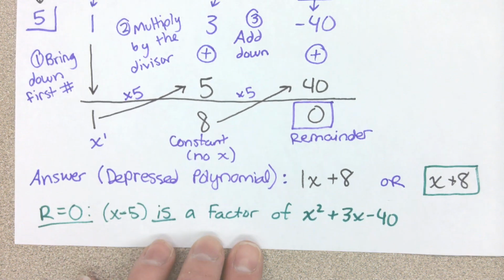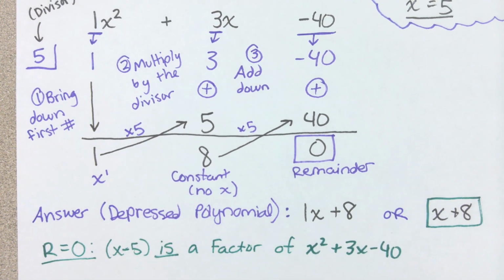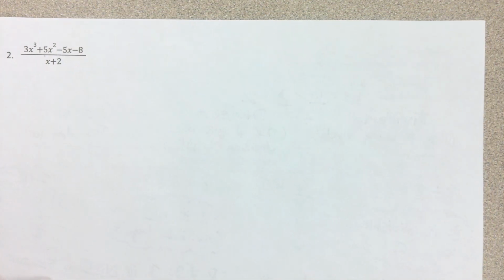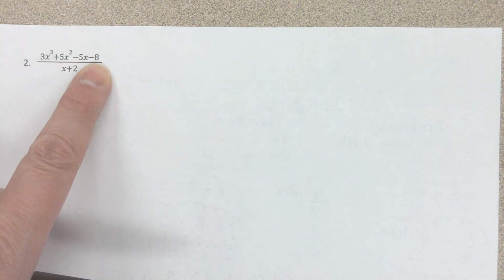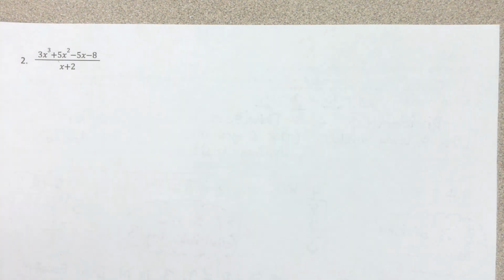Questions on this first problem before we do another one? All right, we got 2 more. I'm obviously going to not explain nearly as much as I just did, so these will go significantly faster. Number 2, 3x cubed plus 5x squared minus 5x minus 8 over x plus 2.